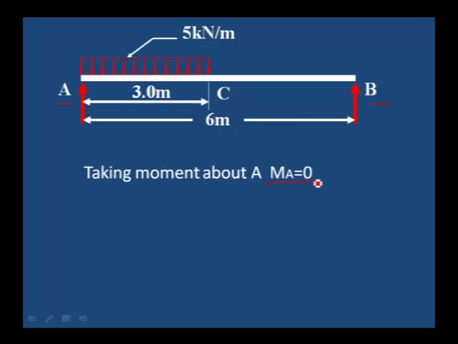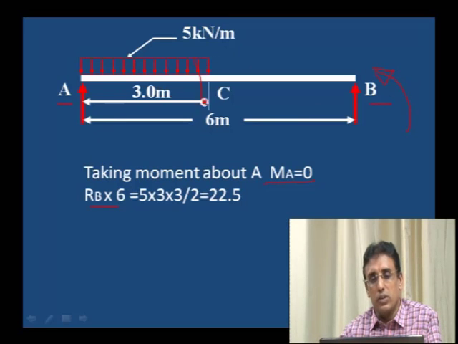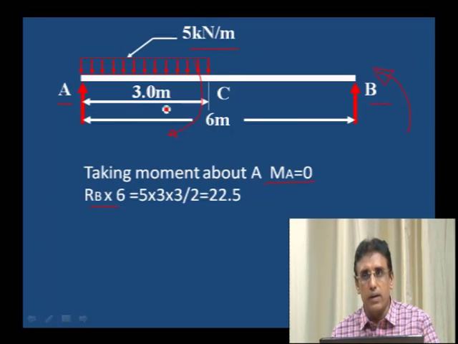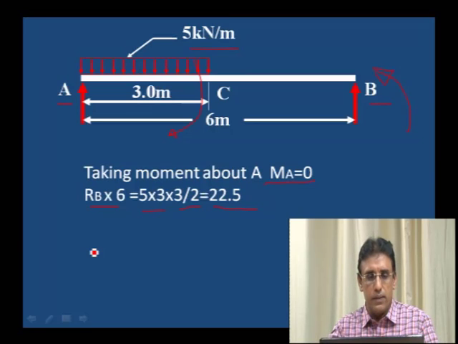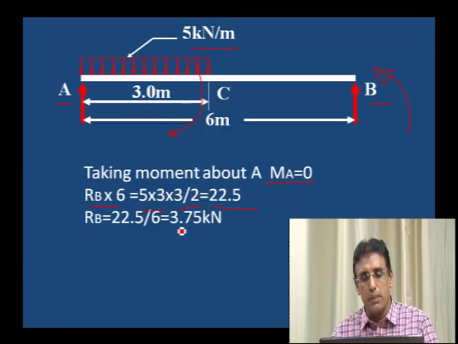Taking moment about A, RB into 6 is the distance, this is anti-clockwise moment, which must be equal to the clockwise moment. 5 kilonewton per meter into 3 meter is the load, acting at a distance of half of 3 meter, 3 divided by 2, the mid of this 3 meter. 5 into 3 load into distance 3 by 2 is equal to 22.5 kilonewton meter. Therefore, RB is equal to 3.75.